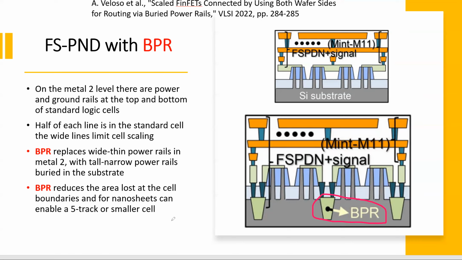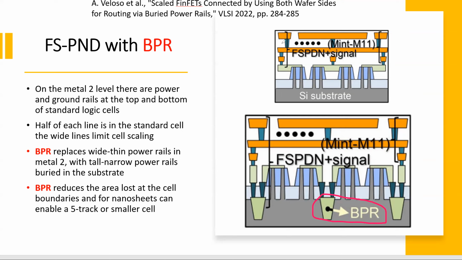If you move it to the back, you don't have a problem. And so they change it. So this is your backside barrier power rail. It replaced this thin power rail in the metal 2. And that actually saved a lot of area and reduced the area loss. So basically, this is the idea. Not backside, sorry. It's the barrier power rail that reduces the area loss. So it's for that benefit.